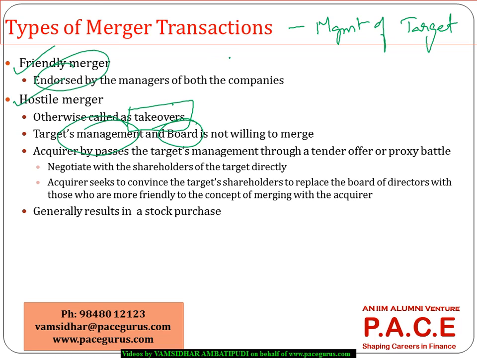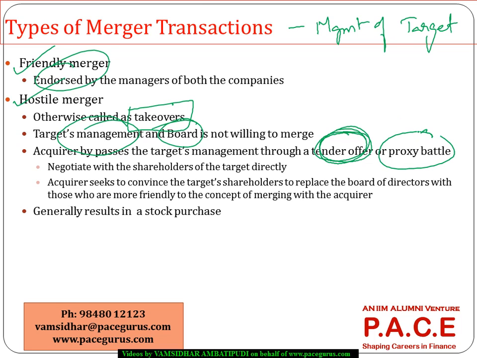Hostile mergers, generally we classify them as takeovers, and because the management is not willing to merge, the acquiring company directly approaches the shareholders through a process called a tender offer, wherein it offers some kind of a premium to the shareholders of the target, asking them to surrender their shares, and when they surrender, this company will purchase all those shares at a premium from the public. That is the scenario of a tender offer.